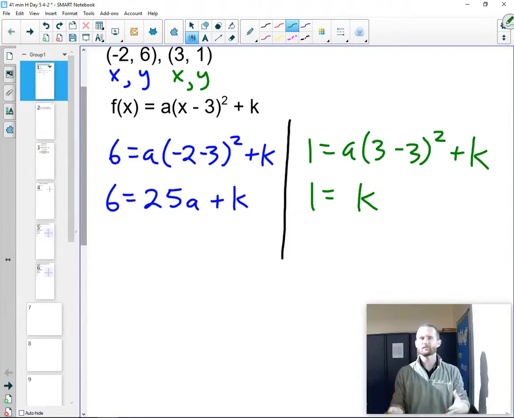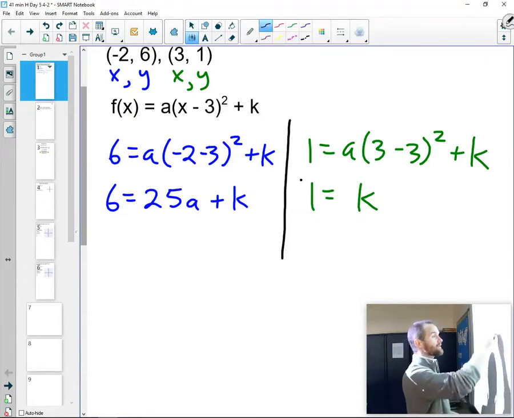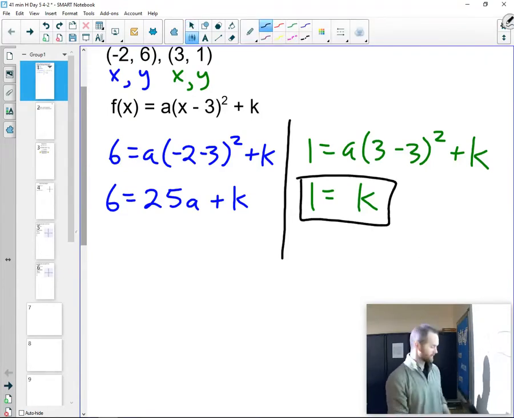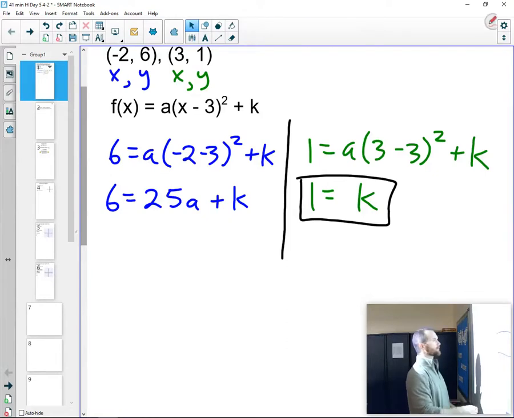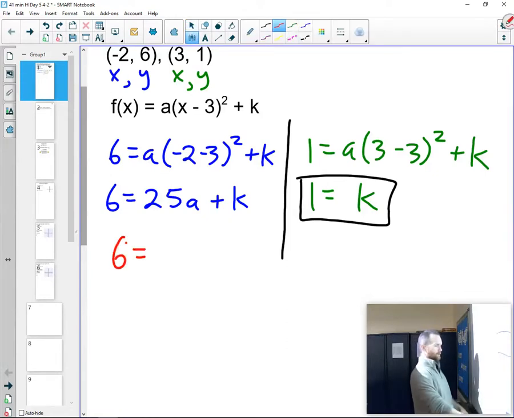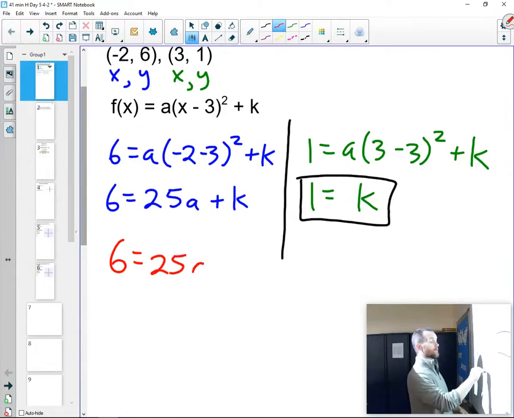We don't have to do any elimination or substitution. Well, I guess we're still going to substitute, but the substitution is going to be a lot easier because we know what k equals. We can just take that and plug it into the blue. That becomes 6 equals, let's write that a little bit better, 6 equals 25 times, oh, excuse me, 25 times a plus 1.